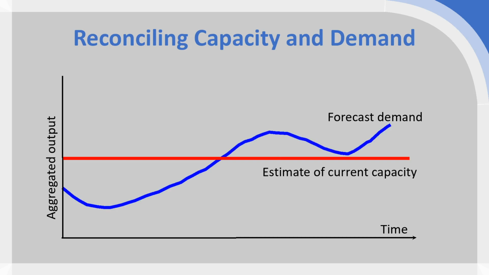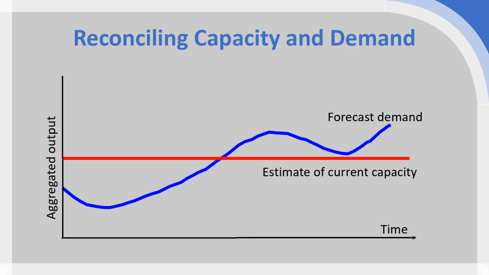reconcile capacity and demand. So the blue line here identifies our forecasted demand. You're never going to be precisely accurate with your forecasted demand, but the more data you have, the more accurate your models are, the better your understanding of the causes of seasonality and therefore the root causes of your predictable cycles of demand. All of that's going to result in better and more accurate forecasted demand.